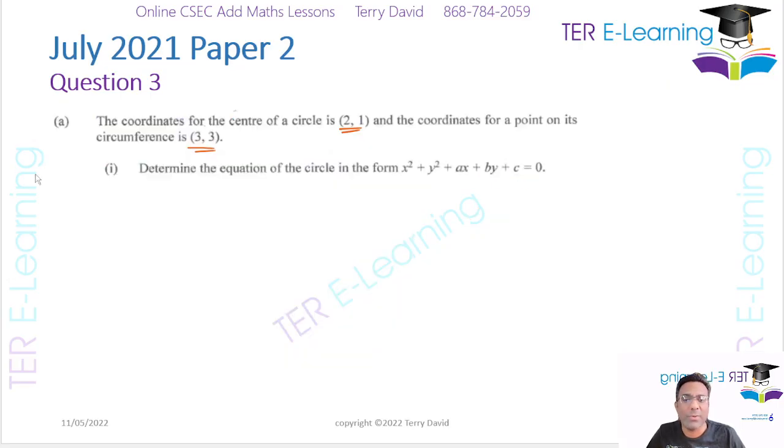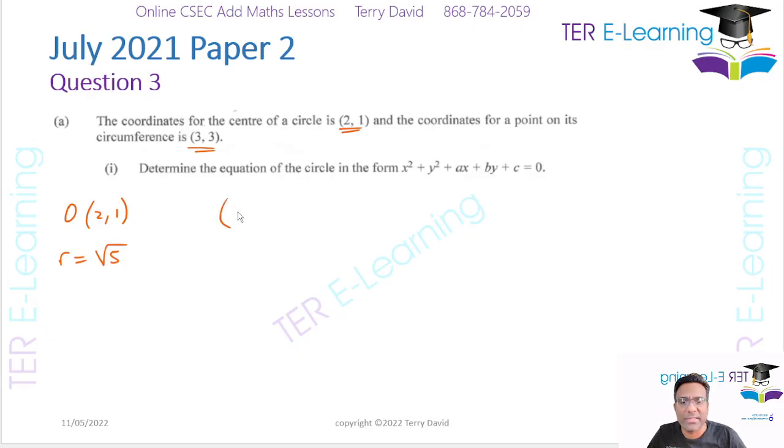Now, you know what the center of the circle is. So the center O is given by (2, 1), and R is equal to root 5. Now, if you know the center of the circle and you know the radius, the equation of the circle can be written in the format (x minus a) squared plus (y minus b) squared equals r squared.